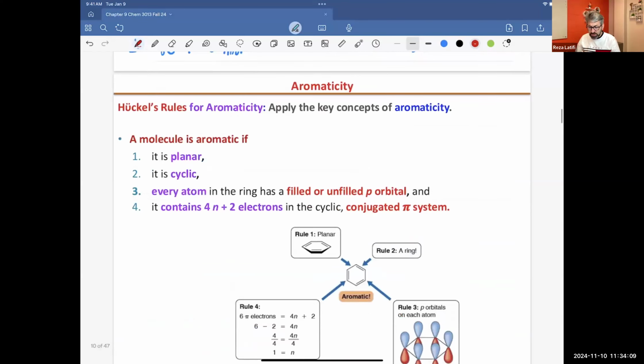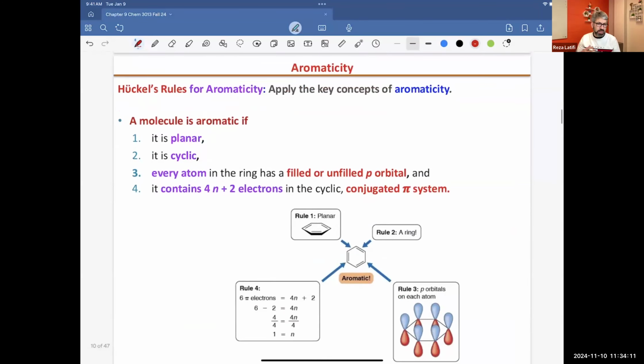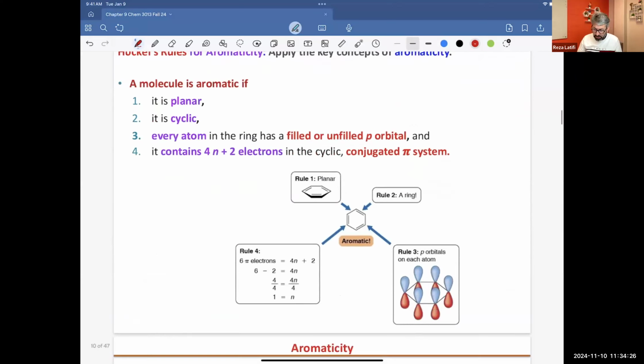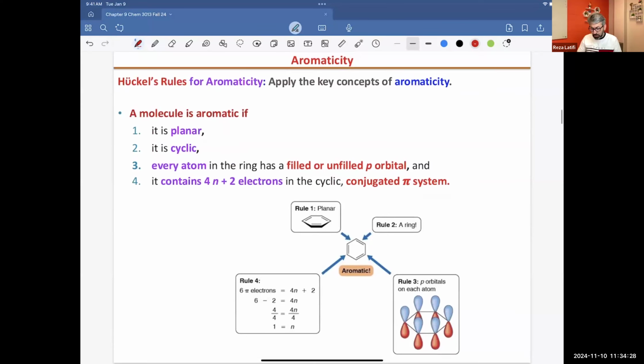We said that one is the resonance energy, and if I go back here, we called it resonance energy. It is the energy that we get because of resonance structures. Now I want to talk about aromaticity. What is aromaticity?